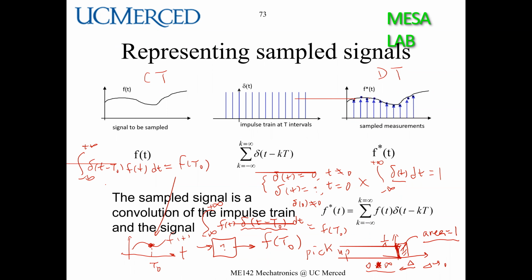However, don't get confused. Some students say, hey, delta t times f t is what? I cannot say anything about it. I only know that it is delta 0 times f0, and I don't know what that is, because I don't know what delta 0 is.